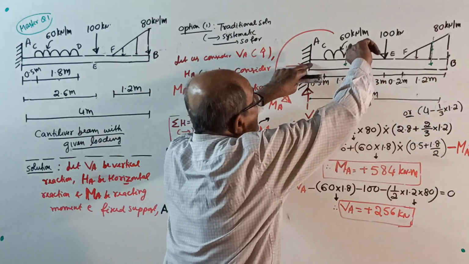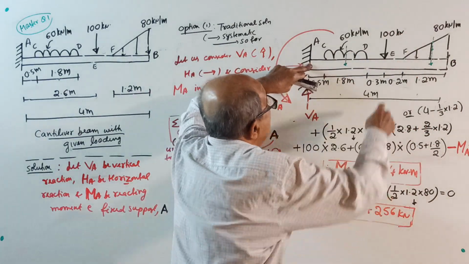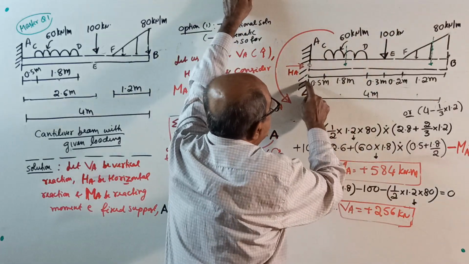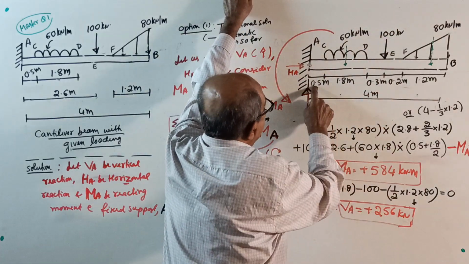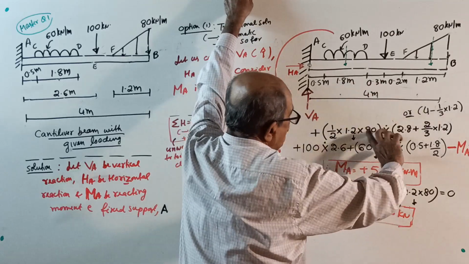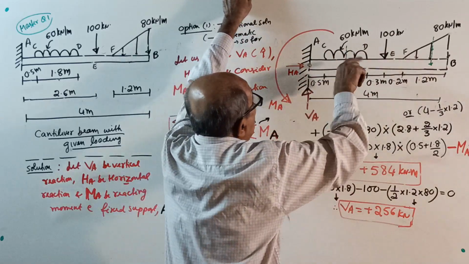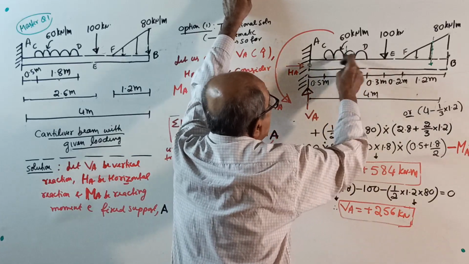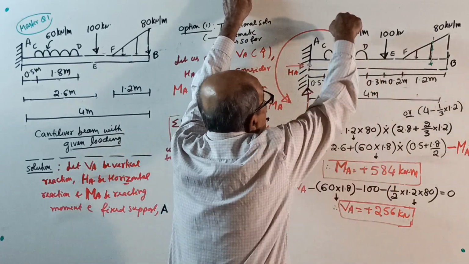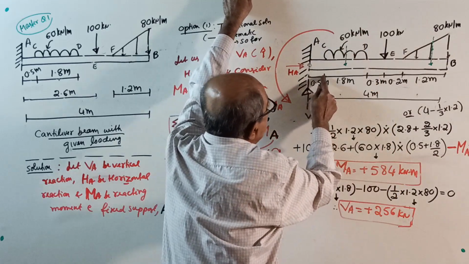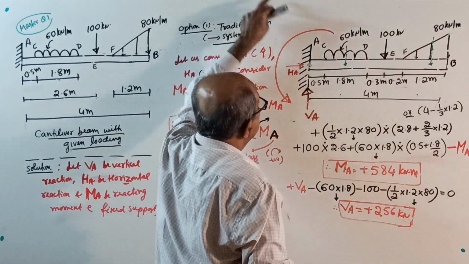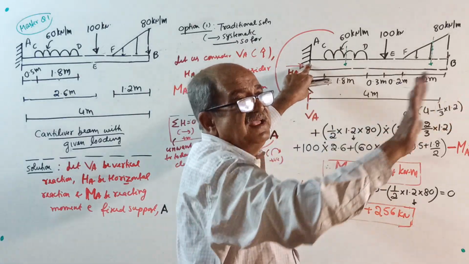Then, direction? Clockwise. Then 100 into 2.6, I won't explain: 0.5 plus 1.8 plus 0.3. Then plus, clockwise, 60 into 1.8, the total load, into 0.5 plus 1.8 by 2. That side, everything over.